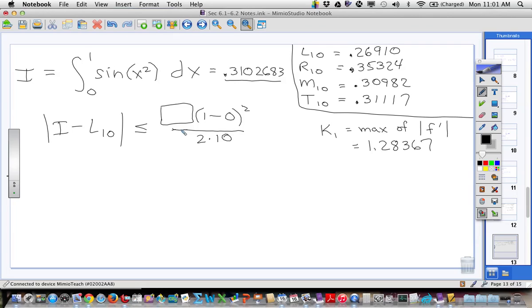If I put 1.28367 in here, technically, is that correct? Is that number the biggest that could ever be? Couldn't there be a 2 after this? So would 1.28367 really be the biggest the slope ever is?